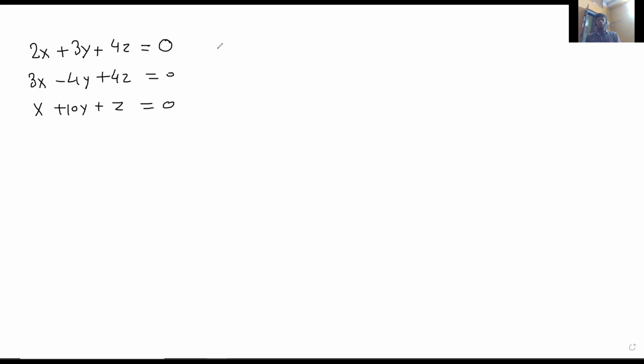Right. So if this kind of equation is given to you, and let's say the question is: solve. Then how would you usually go about doing it? Anyone?